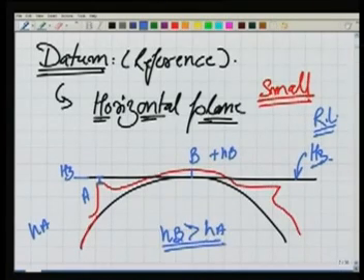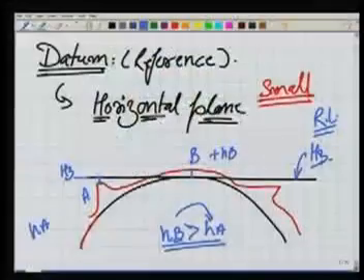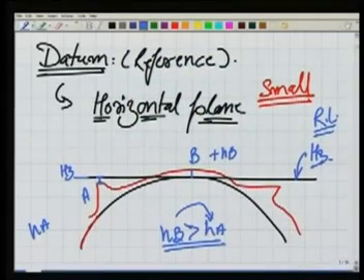So ideally, if I put a drop of water at B, it should flow towards A, because we are saying B is higher than A. So if B is higher than A, the water should flow from B to A. But let us look here.